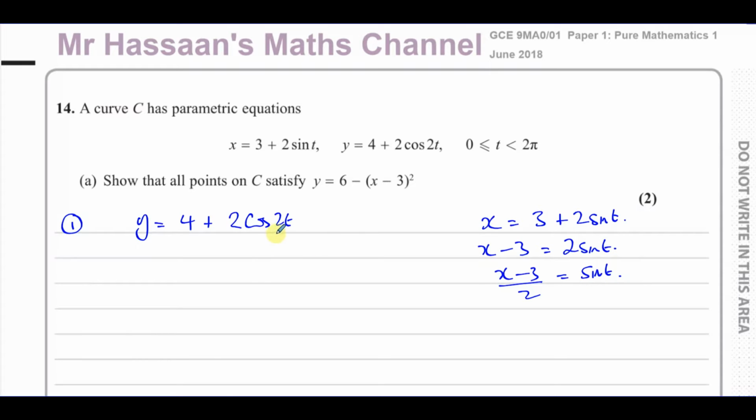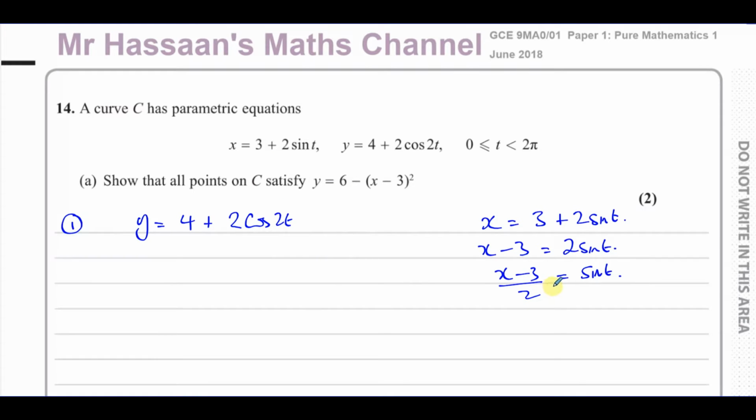So if I'm able to rewrite this cosine 2t in terms of sine t, then I can replace it with the x minus 3 over 2, and then I will have got rid of all the t's, and I've got y and x's. So when you're writing the Cartesian form of the equation, which is when it's y in terms of x, you're trying to eliminate the t's from the equation.